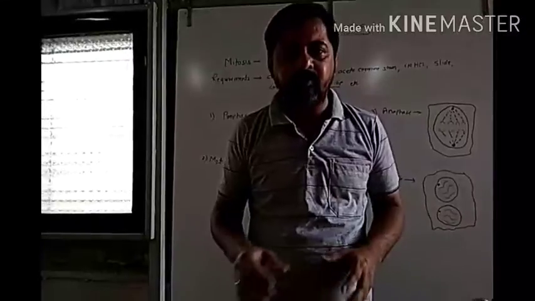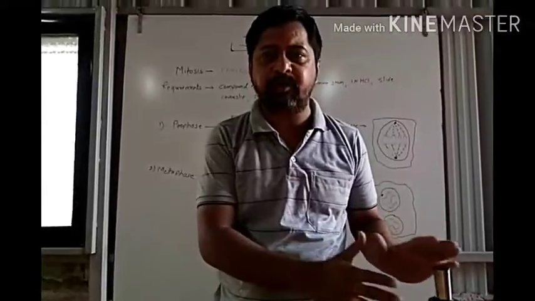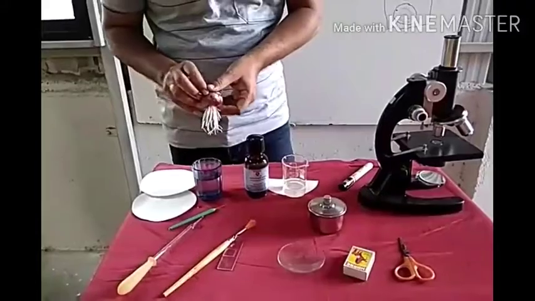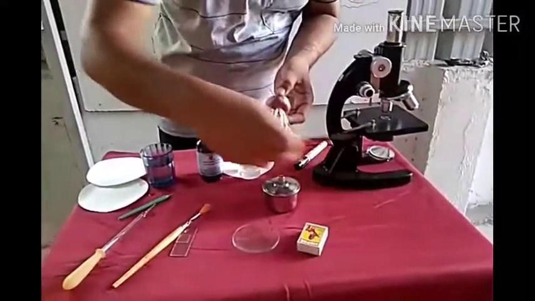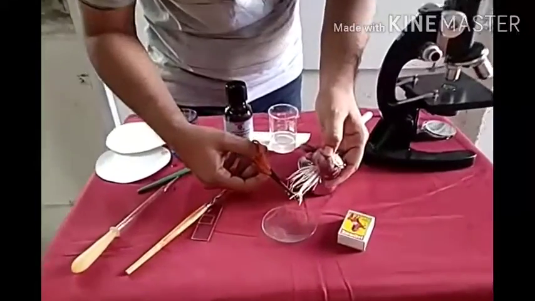Practically we are going to try to see the phases of this mitosis under our microscope. So for that, firstly I am going to take this onion and few of the roots which are very well grown, so that I am going to cut here.